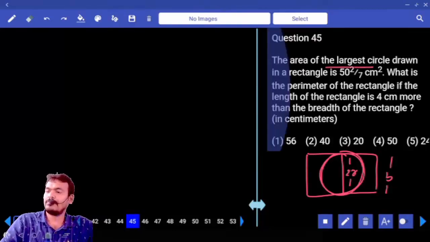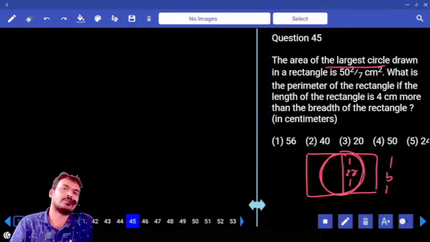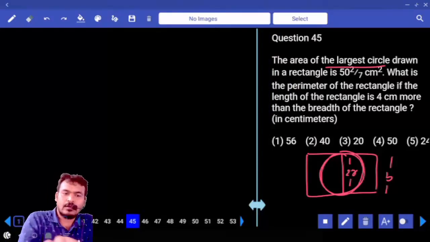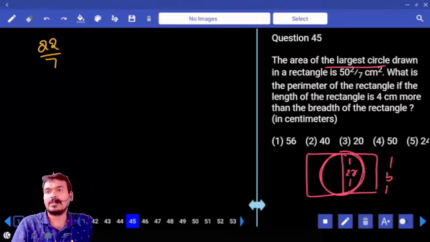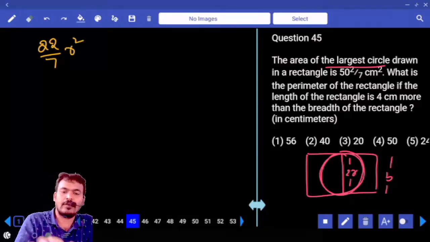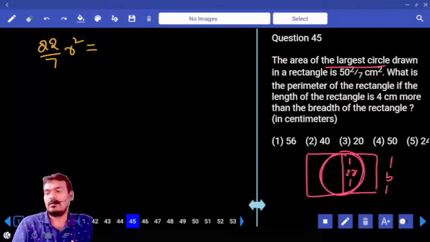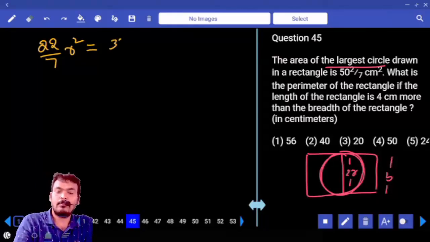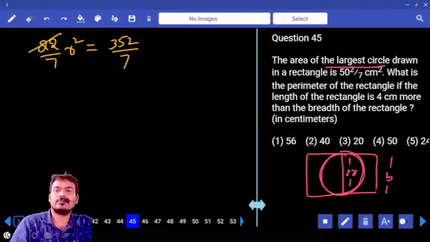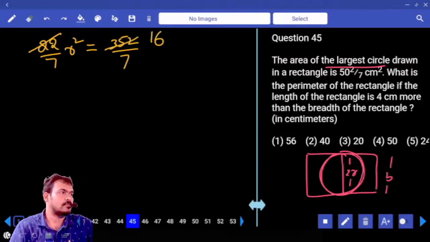The area of the circle is pi r square, and pi is 22 by 7. So 22 by 7 into r square equals 352 by 7. 22 goes into 352 16 times.